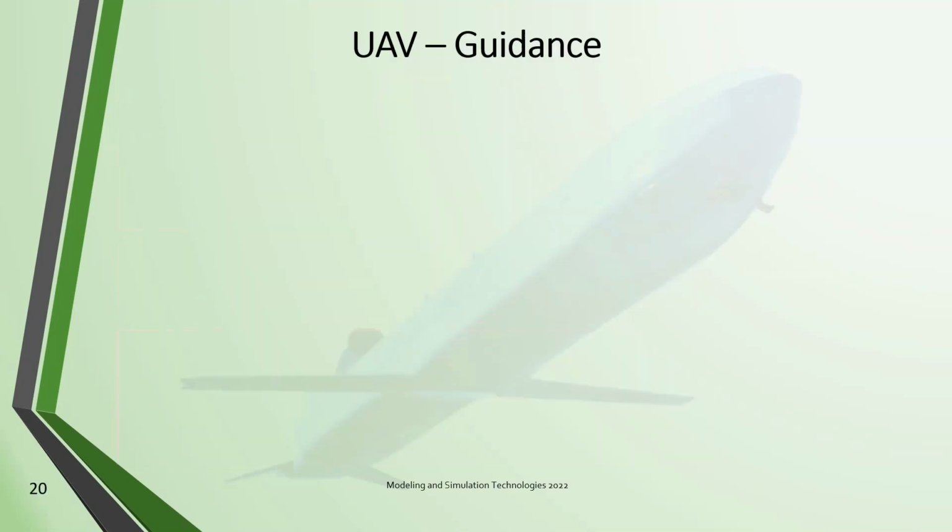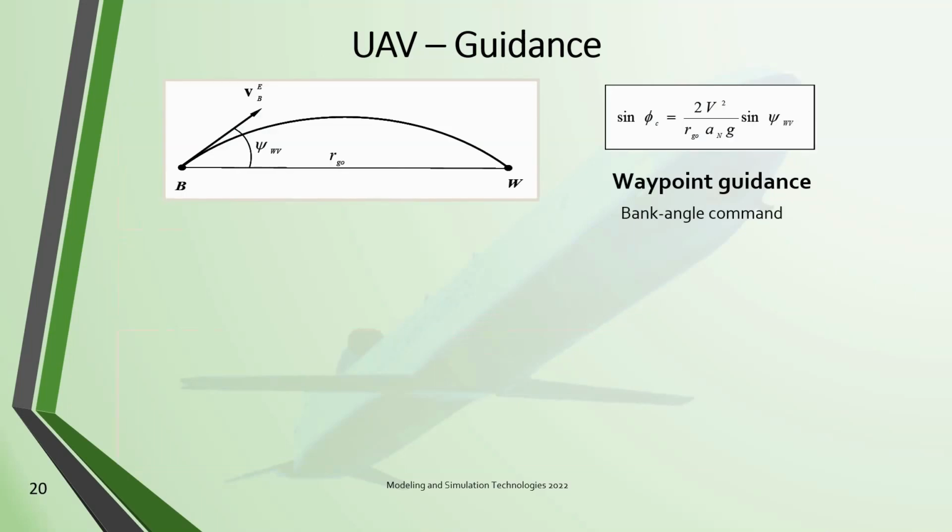UAV guidance is particularly dominated by waypoint guidance because this will shape the trajectory of the UAV as the UAV flies through various waypoints. The equation here shows that the sine of the bank angle command is a function of the velocity squared of the UAV divided by the range to go, the normal acceleration, and g being the gravity constant, times the sine of the heading angle.